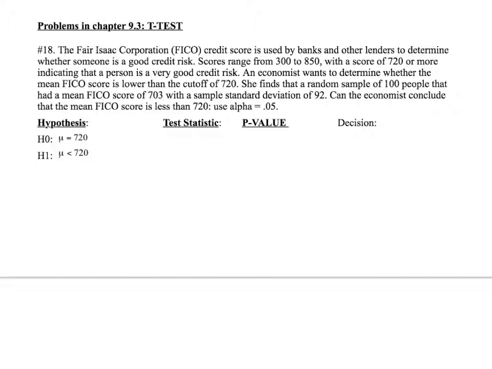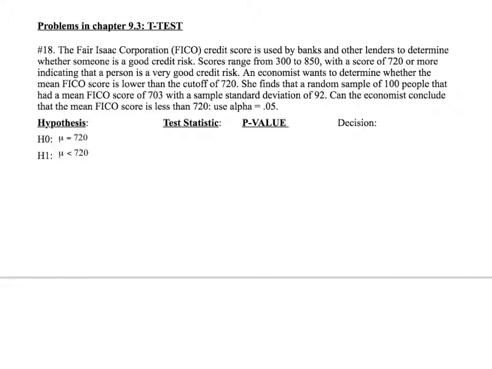The Fair Isaac Corporation, FICO, credit score is used by banks and other lenders to determine whether someone is a good credit risk. Scores range from 300 to 850, with a score of 720 or more indicating that a person is a very good credit risk. An economist wants to determine whether a mean FICO score is lower than the cutoff of 720.